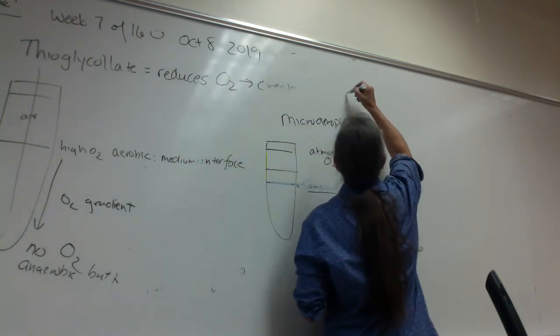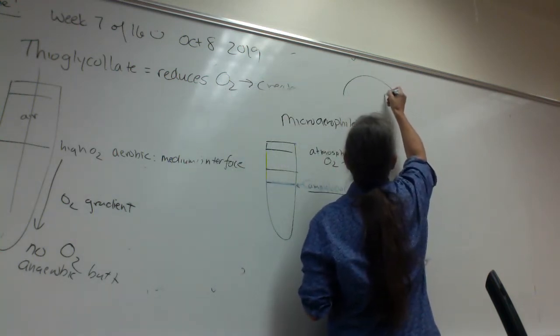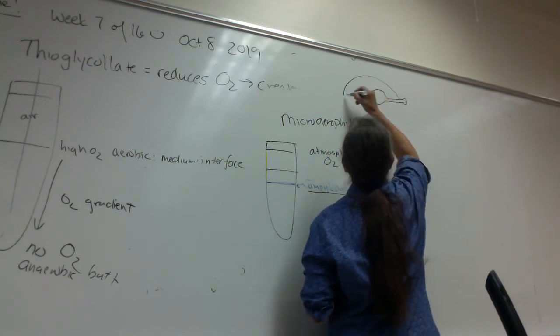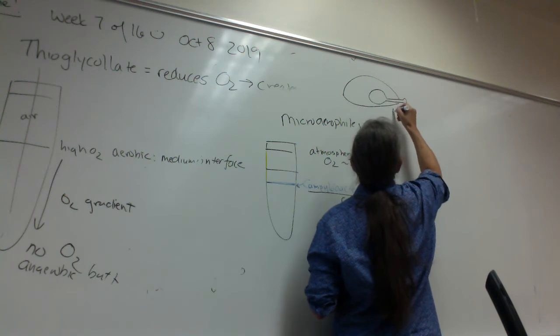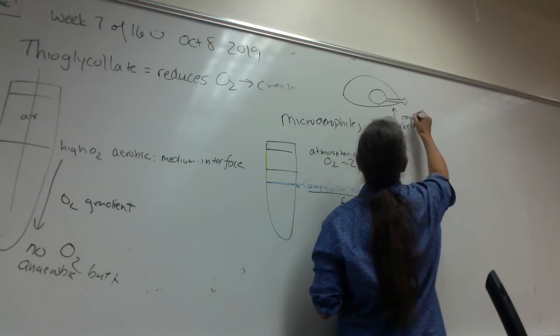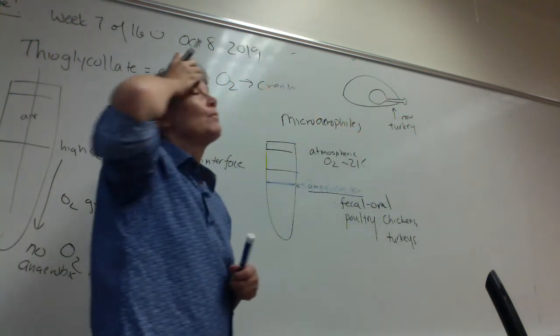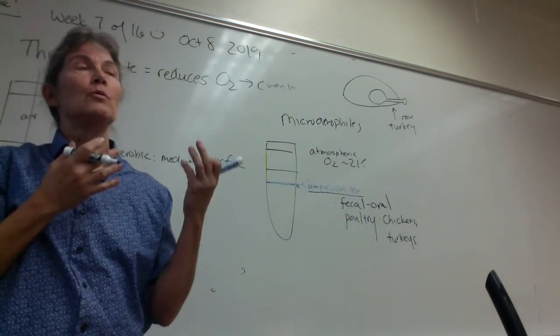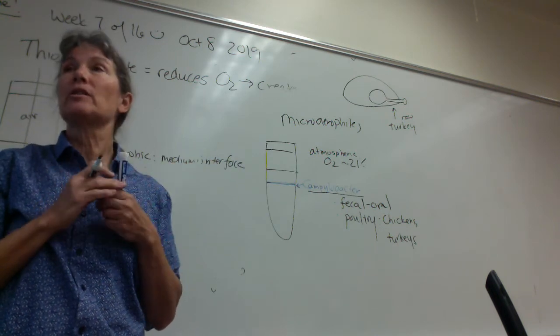The reason this was a mystery, and folks, this is supposed to be a turkey, a raw turkey because we have Thanksgiving coming up. People classically are infected through improperly cooked poultry.